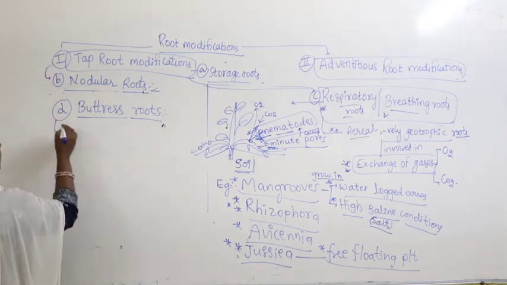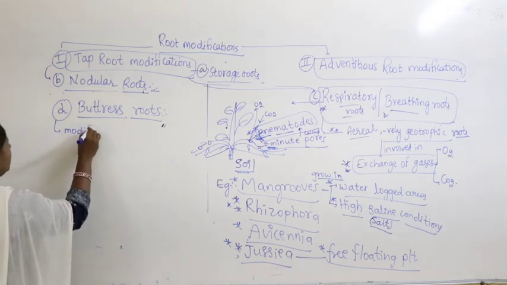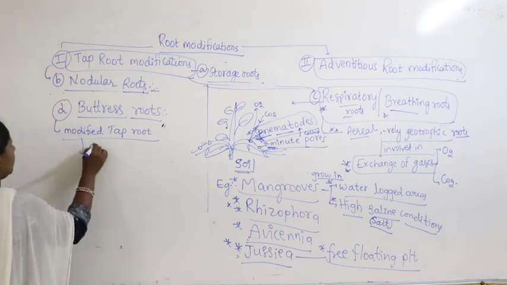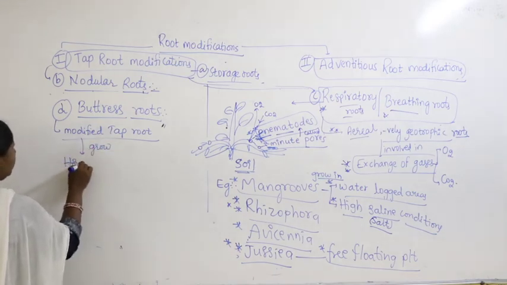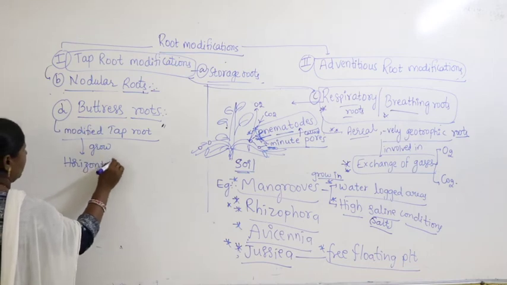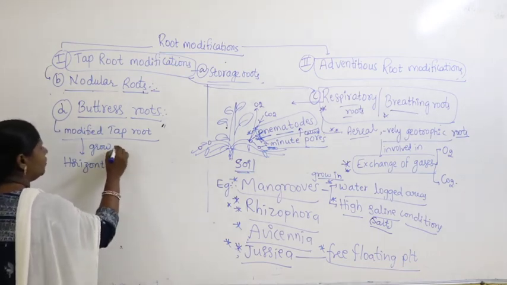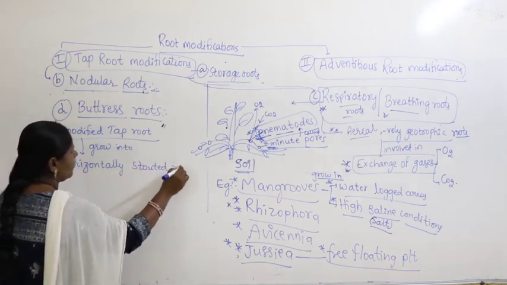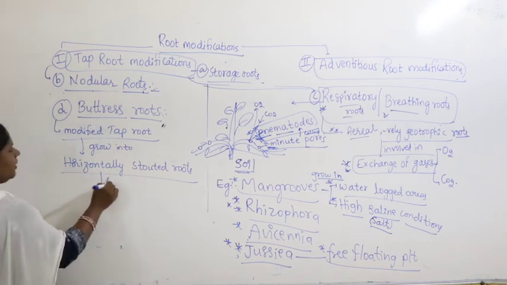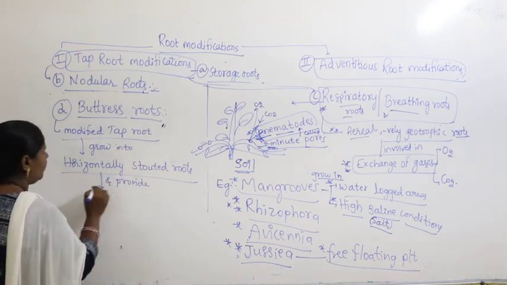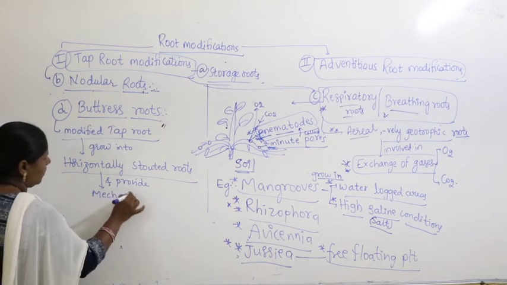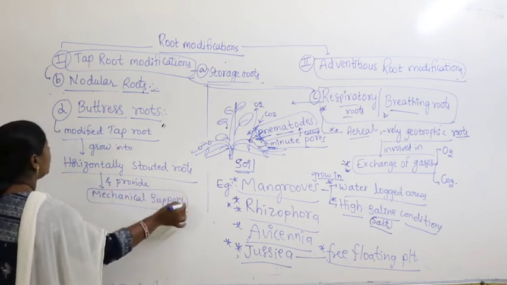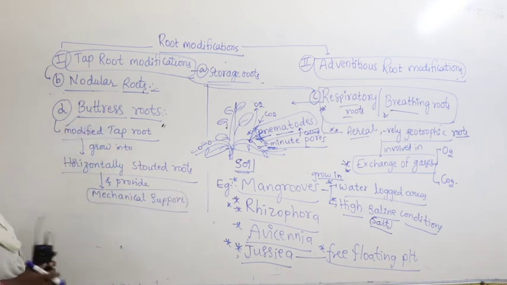A modified taproot grows into horizontally stouted roots and provides mechanical support. Such types of roots are called buttress roots.